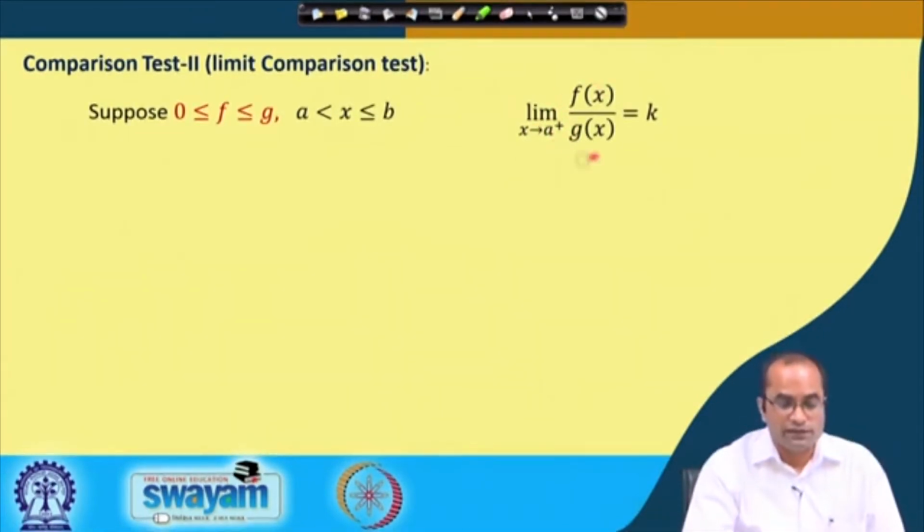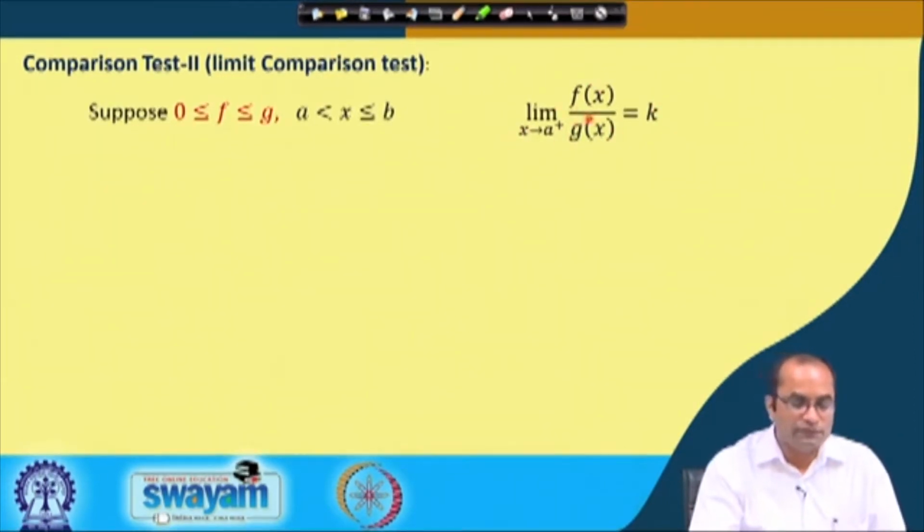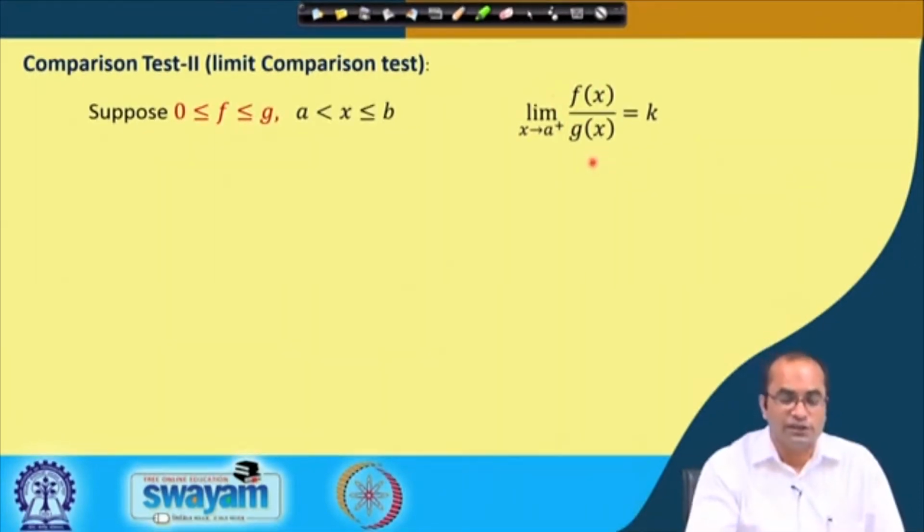We take the ratio f(x) over g(x), and we have to find for what g we get this conclusion. So we take another function based on the given function f. This will be clearer when we discuss the examples. In this case we will choose some g for given f, or the other way around, and compute this limit.